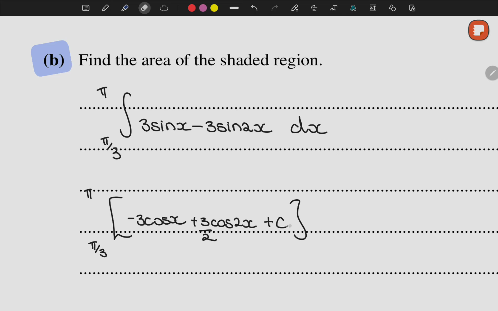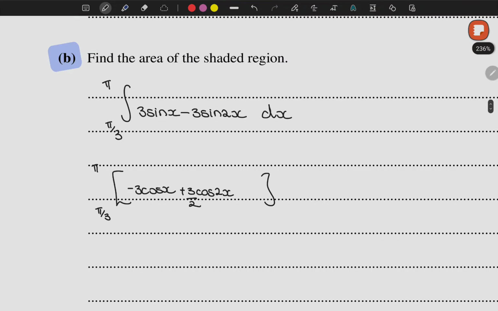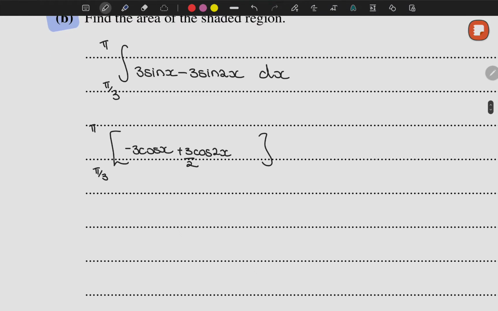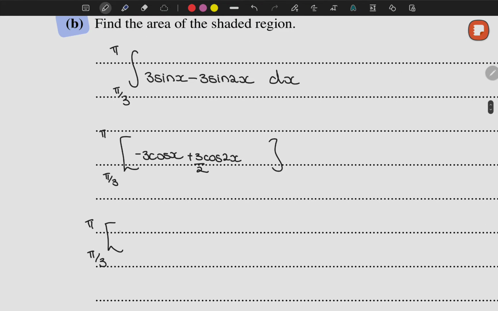It's not plus c because it's using limits, not indefinite. So we've integrated. Now let's apply our limits. I didn't say exact area, but it should be sorted.